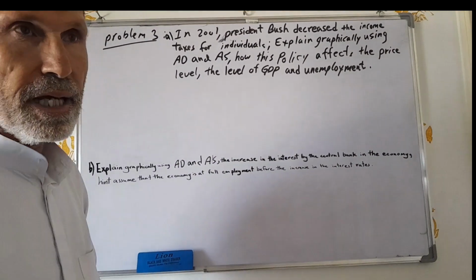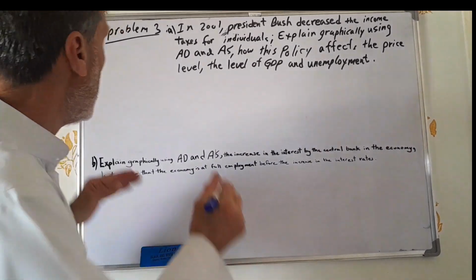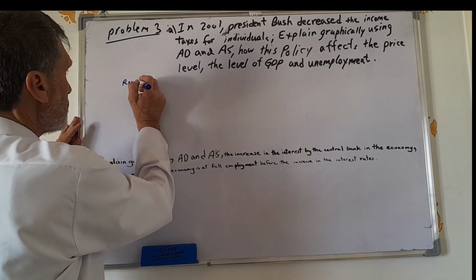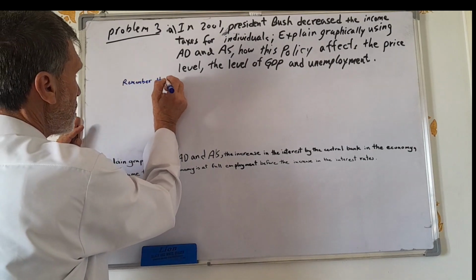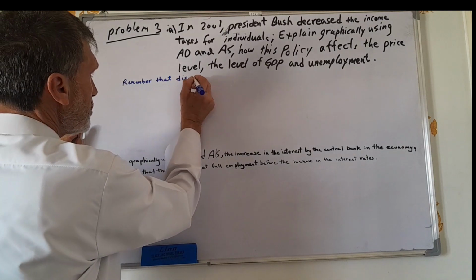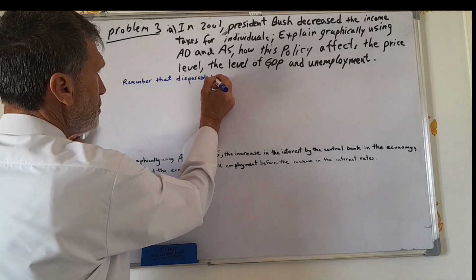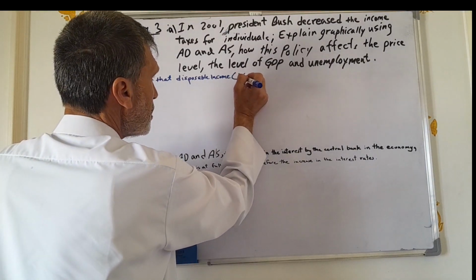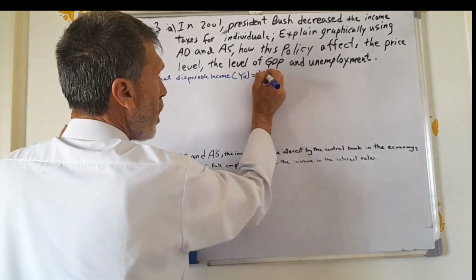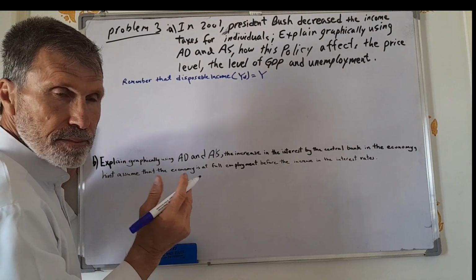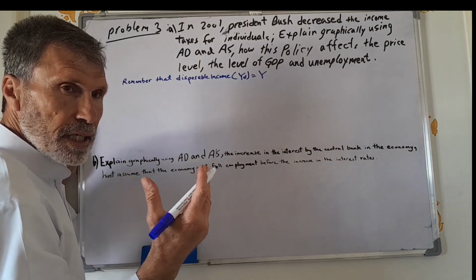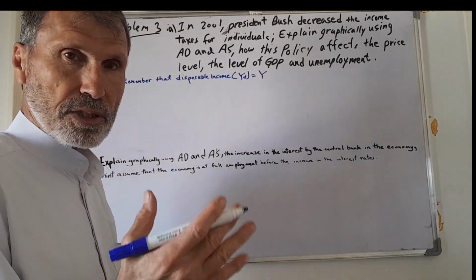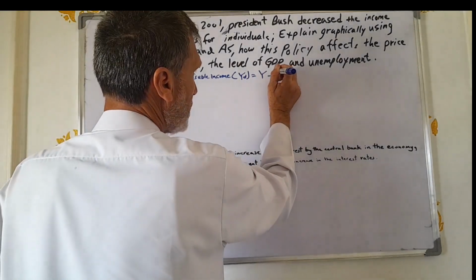Now, we know that disposable income, let's symbolize it by YD, is equal to Y, the actual income that you get, minus income tax.